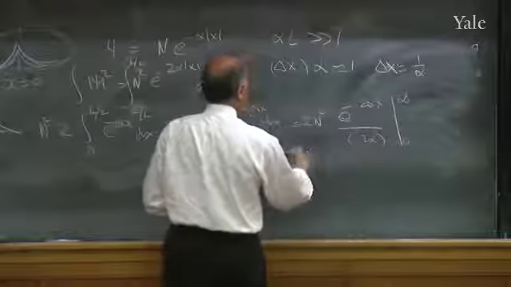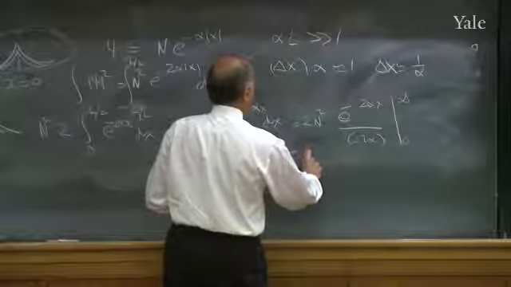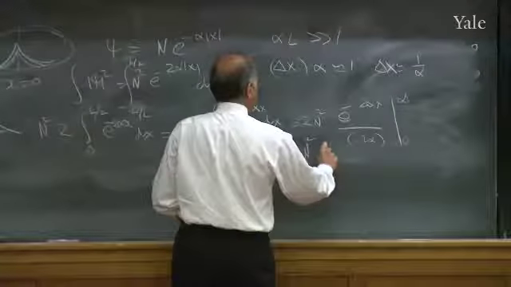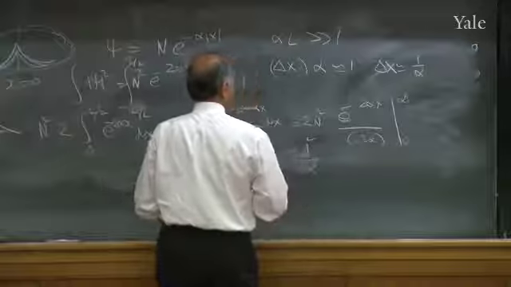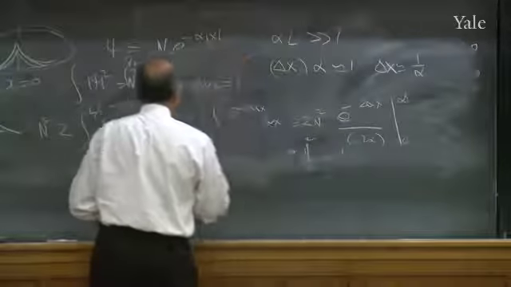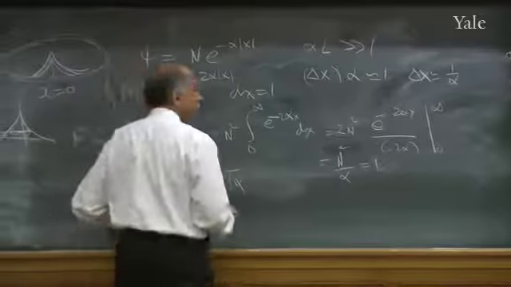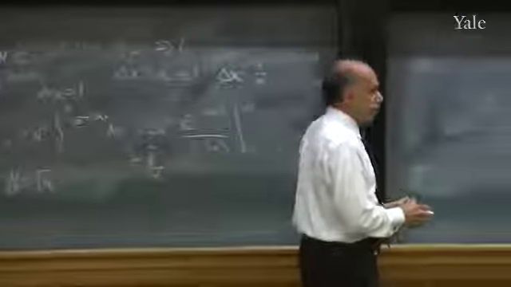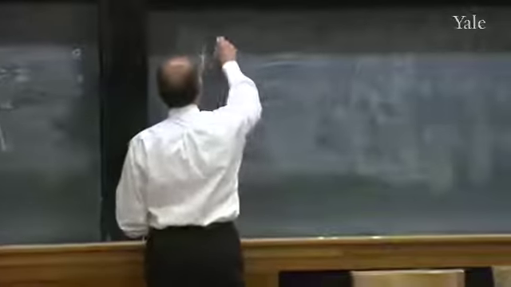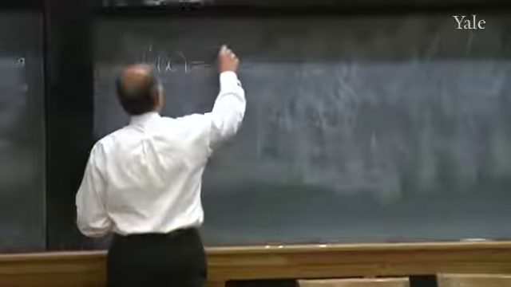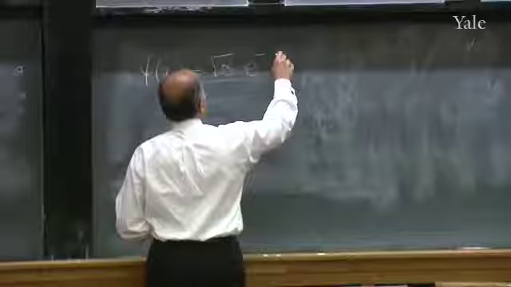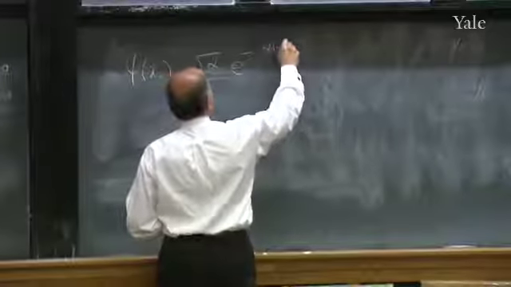There's a minus sign from this, and you get n squared over alpha. Should be 1, or n is equal to the square root of alpha. So my normalized wave function, this is the first order of business, is square root of alpha e to the minus alpha mod x.